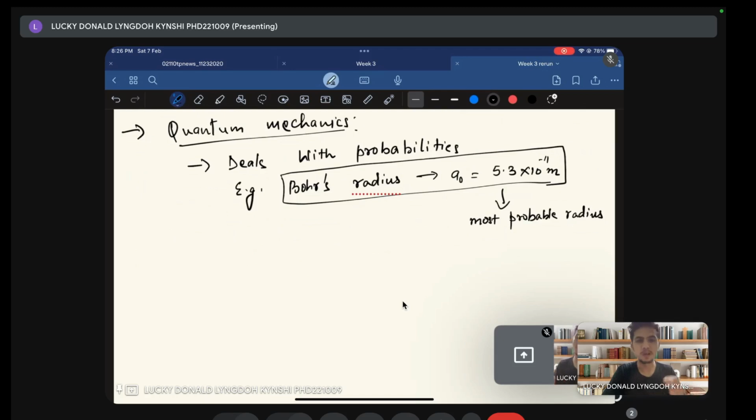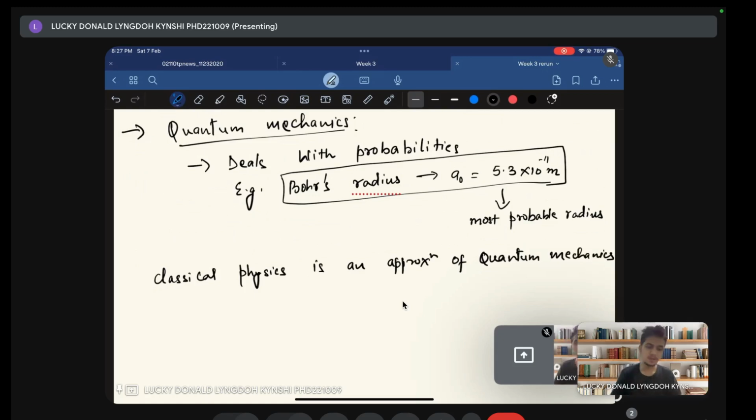But classical physics says the Bohr's radius is exactly 5.3 into 10 to the power minus 11 meter. So in other words, you can say that classical physics is an approximation of quantum mechanics.